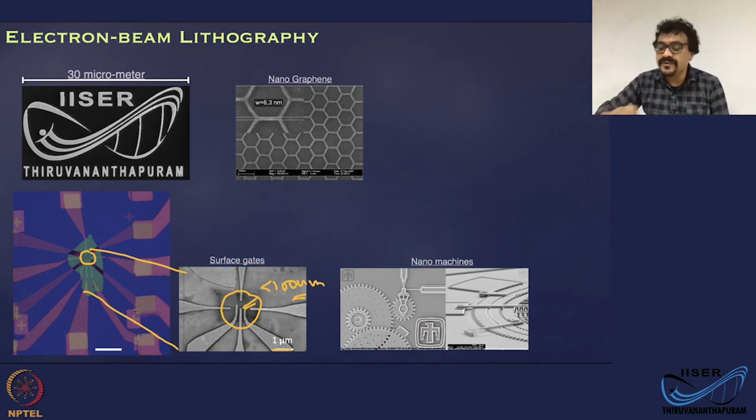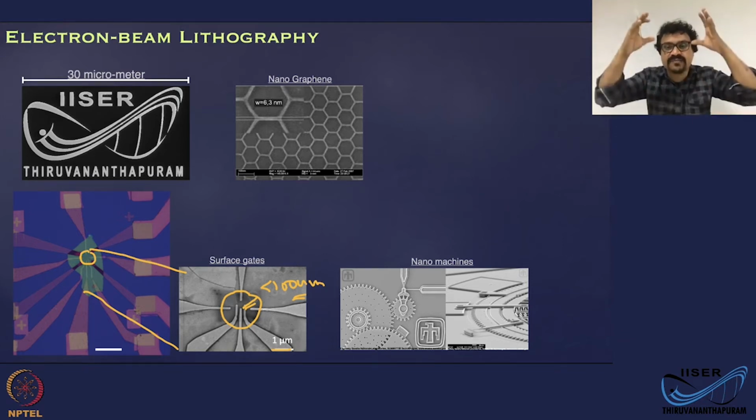So this slide tells you how powerful electron beam lithography is, but the downside is that the substrate choices are limited and the throughput is really low because this is serial processing. You have to write structure by structure.